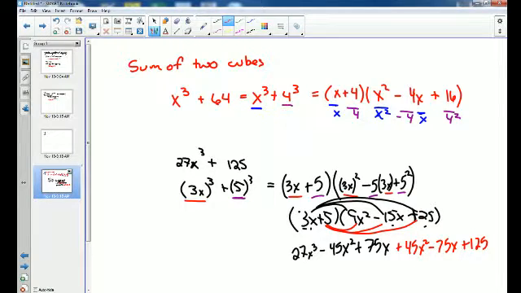Negative 45x squared and 45x squared. There you got it. So that works in both directions.